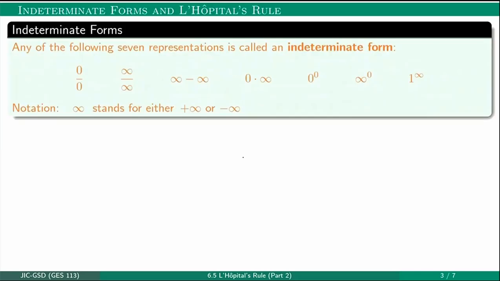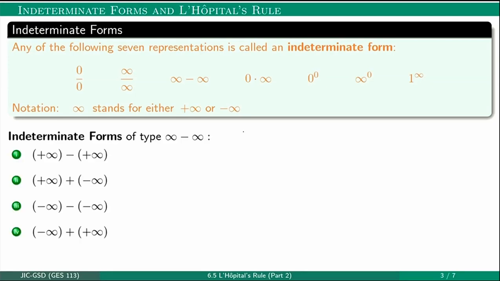Recalling the 7 indeterminate forms, this episode we are taking infinity minus infinity and 0 multiplied by infinity. Infinity minus infinity has 4 different forms: positive infinity minus positive infinity, positive infinity minus negative infinity, negative infinity minus negative infinity, negative infinity plus positive infinity.